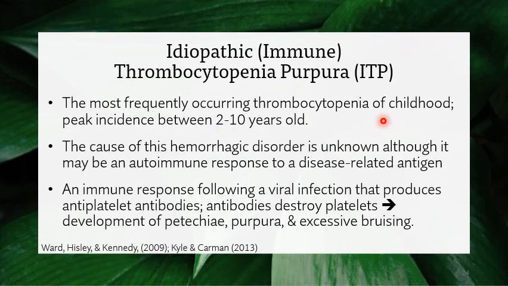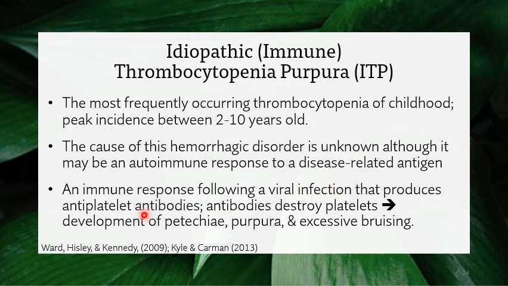It happens to kids 2 to 10 years old, mostly thrombocytopenia in childhood. So the level of the thrombocytes is lowering, and the cause is unknown, but it's related to an autoimmune response to the antigen.